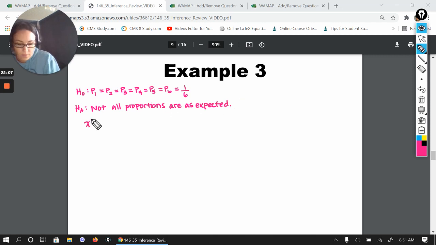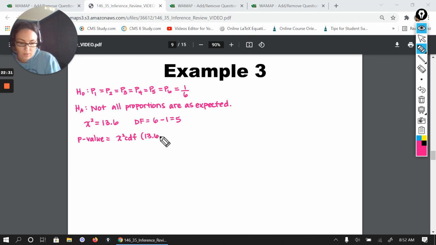We also know that the chi-square test statistic is 13.6. We know that the degrees of freedom is the number of groups, which is 6, minus 1, which equals 5. And then the p-value is calculated using the chi-square CDF command.